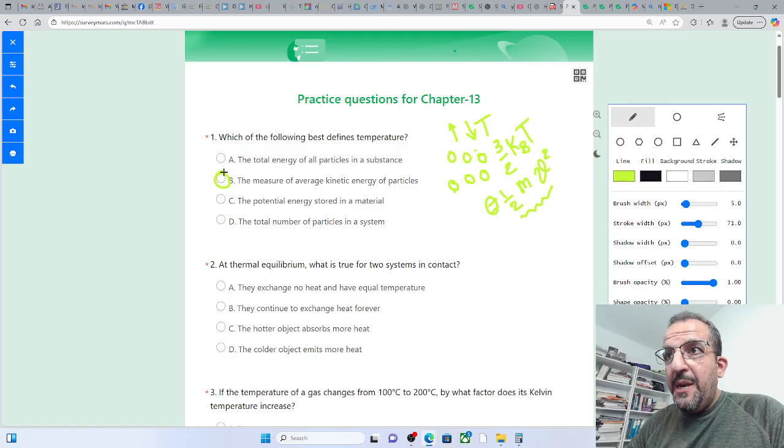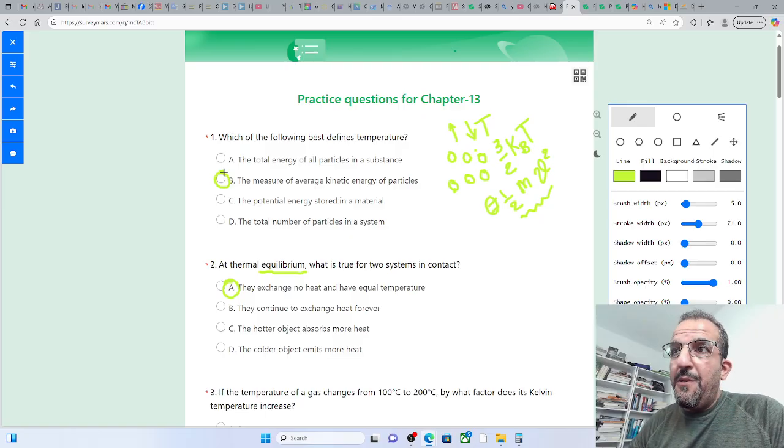C, the hotter object absorbs more heat. D, the colder object emits more heat. From the key word, equilibrium, you can see that there is no heat exchange anymore. So A is the right answer.